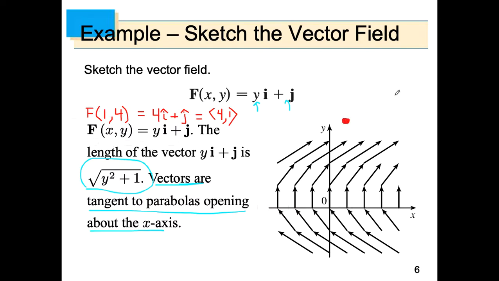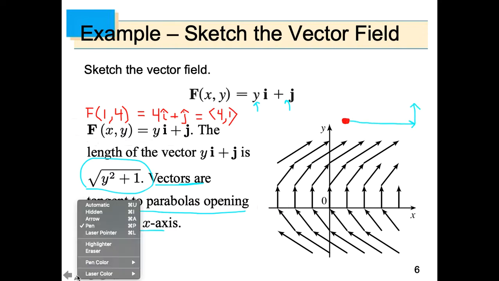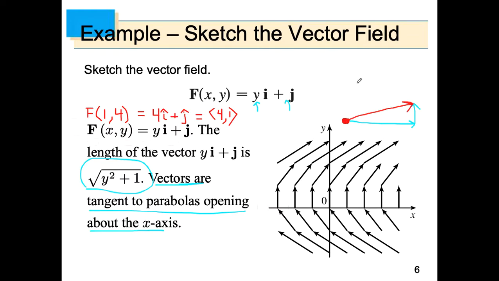So there's the point 1, 4. And from that point, we're going to go to the right 4, up 1. Again, not a perfectly straight line, but that would be our vector at that point nonetheless.